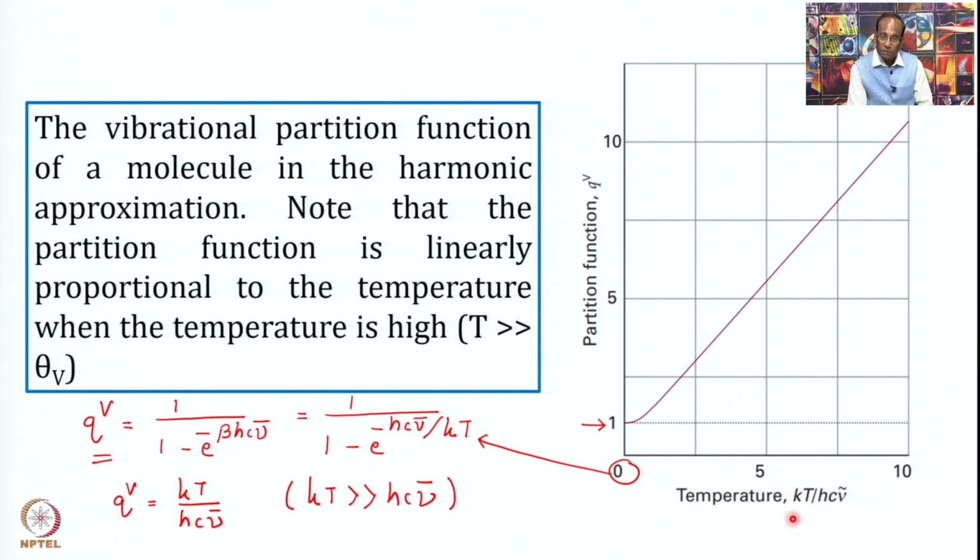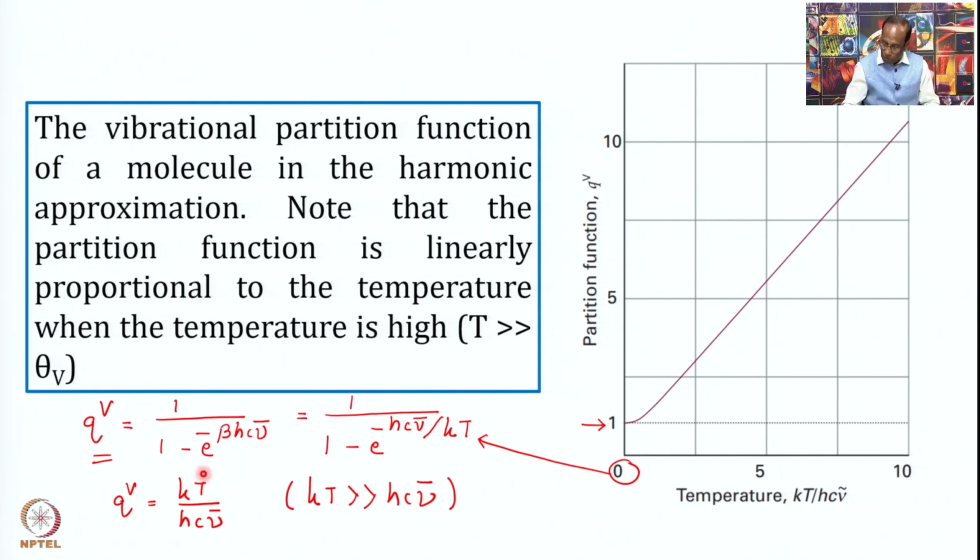This is expressed in terms of kT over hc nu bar. But then again, bringing back the same issue, at what temperature or under what conditions of temperature we can use this approximation.